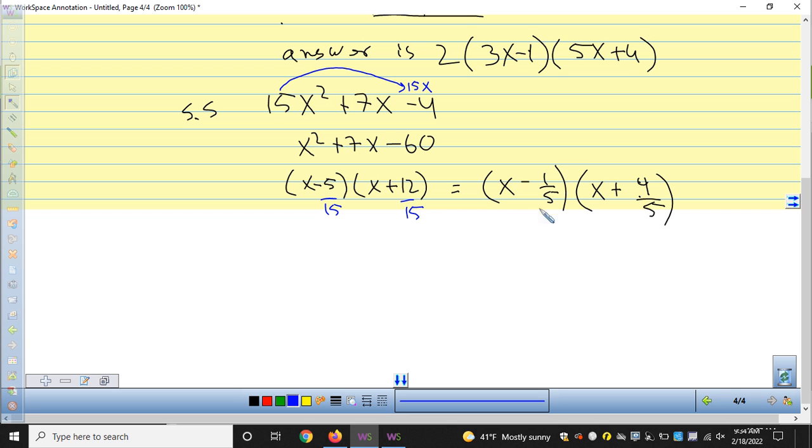And now I need to slide the 5. This should be 3. 15 divided by 5 is 3. I need to slide the 3 over and slide the 5 over. 3x minus 1 and 5x plus 4.